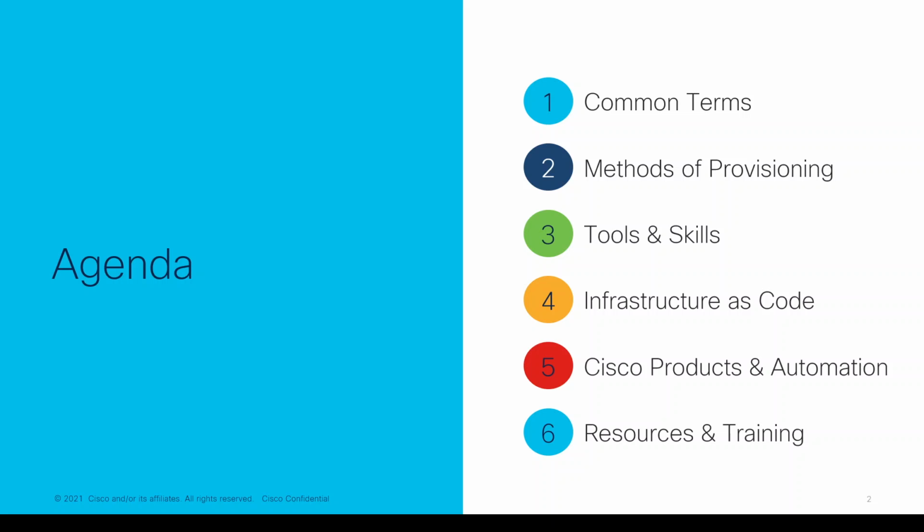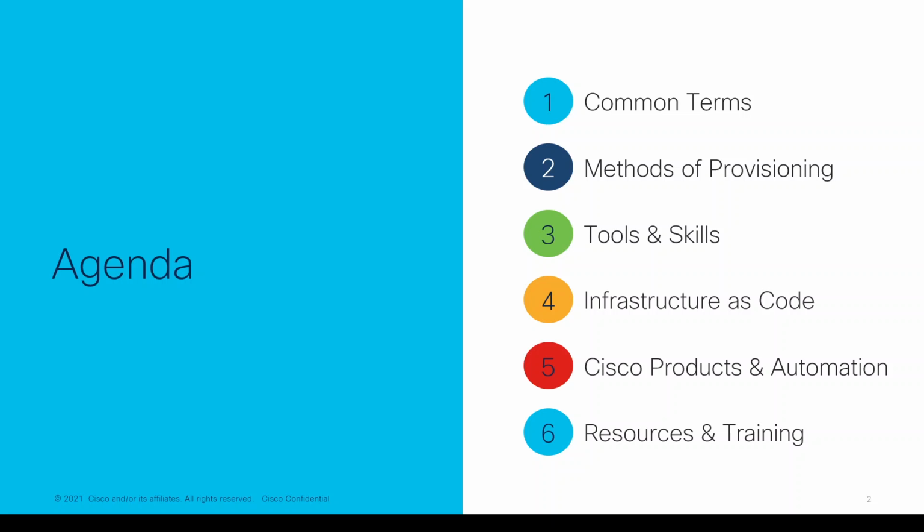Then we'll get a little deeper into the tools and skills, and that's where we'll get into a breakdown of how various popular tools and skills fit into the methods of provisioning. Then we'll talk briefly about infrastructure as code, what infrastructure as code means in the context of both public and private cloud, and the tools that are available.